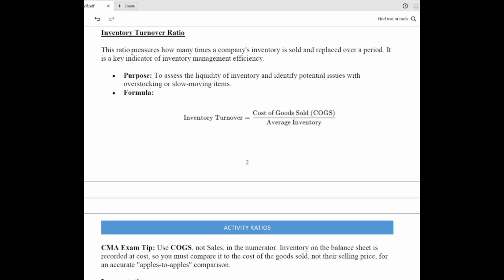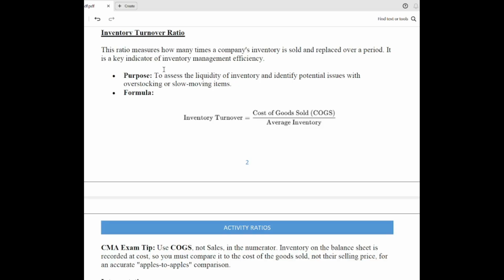The receivable turnover ratio mainly measures how efficiently the company is managing its receivables. But the inventory turnover ratio measures how effectively the company is managing its inventory, telling how many times inventory is sold and replaced for a period.